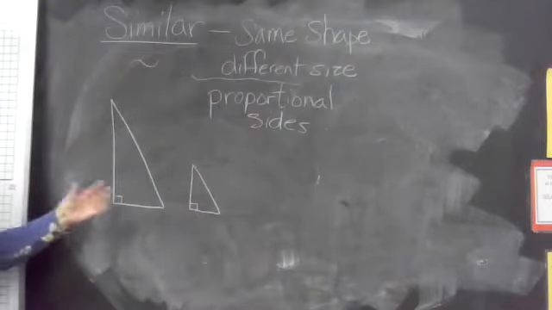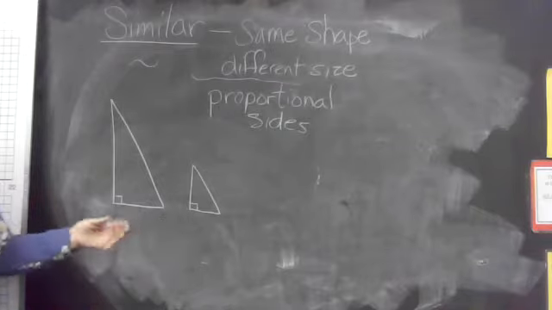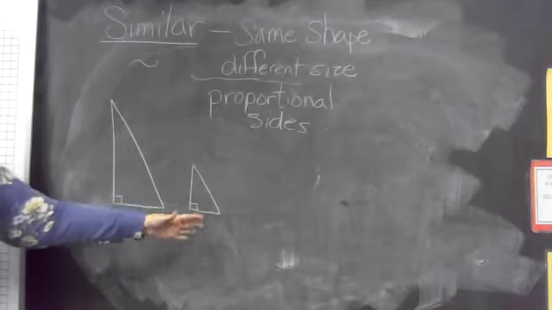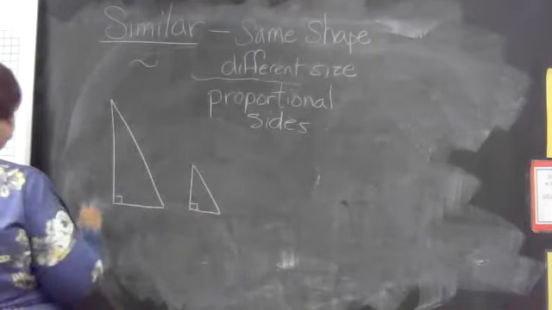Okay, same shape, different sizes, right? Now you're not positive that these are proportional until we see the measurements on the sides. The way we tell it's proportional, let's do this.